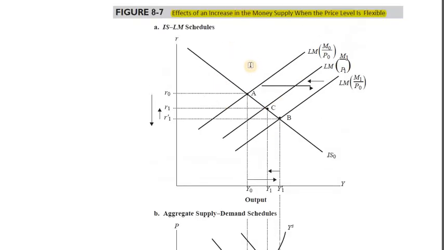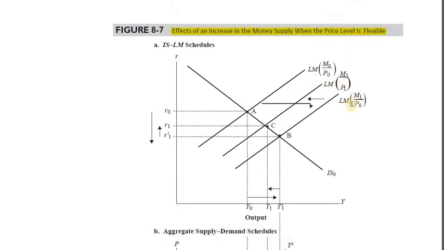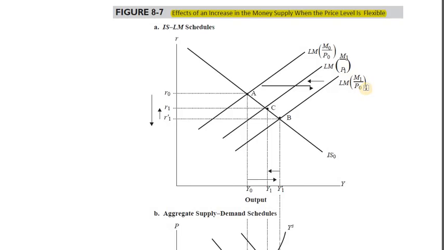Alright, now how do we re-equilibrate this IS-LM market as well? Because prices have gone up, it simply means the real money supply in the economy has fallen. So here we have P0 as the prices, M1 as the money supply. When prices go up, the LM curve shifts leftwards because real money supply has fallen. So M1 is the new money supply and prices too have changed. M1 is here, M1 is here, but here P0 is the price and here P1 are the prices.